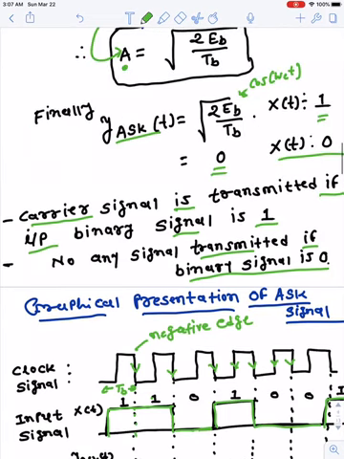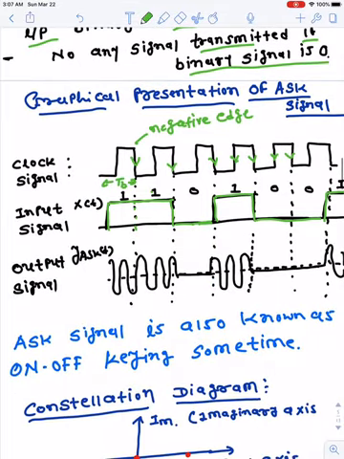So as per this equation, if the input bit is a 1, we are transmitting the output as square root 2EB by TB into cos omega ct. That is a multiplication sign here, and if the input is 0, the output would be a 0. This is the input of the modulator and this one is the output of the modulator.